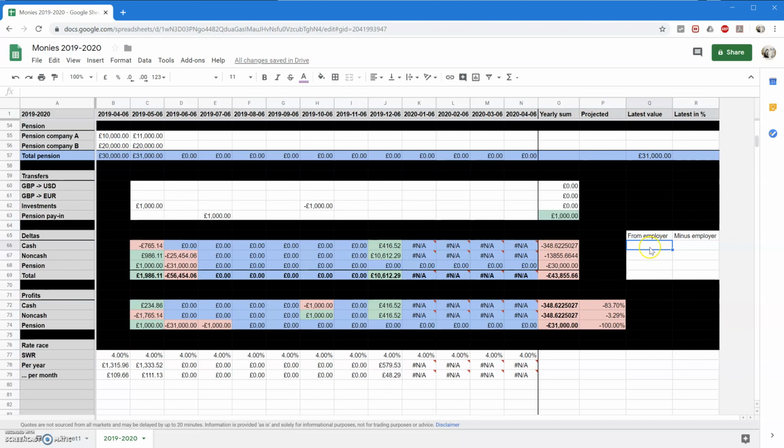Well, 2 plus 8. No, this doesn't make any sense. Okay, yeah, actually. 2 plus 8. So much we've got there. Let's call it cash and non-cash in one. So I won't need these.